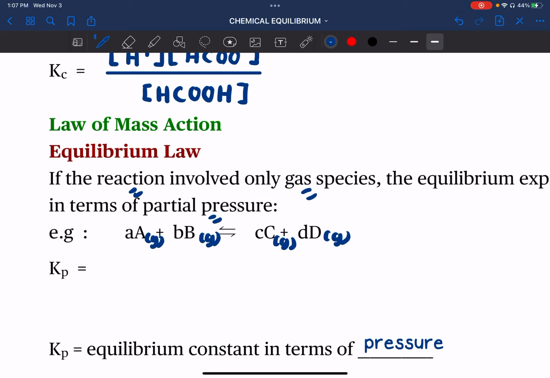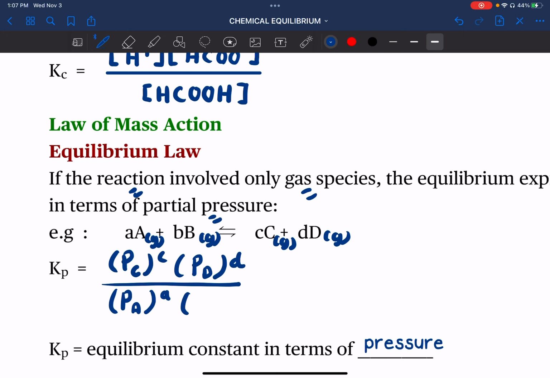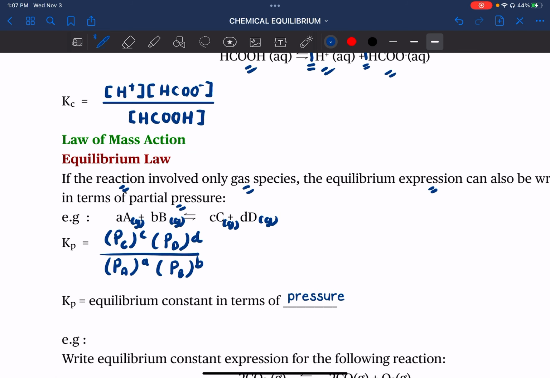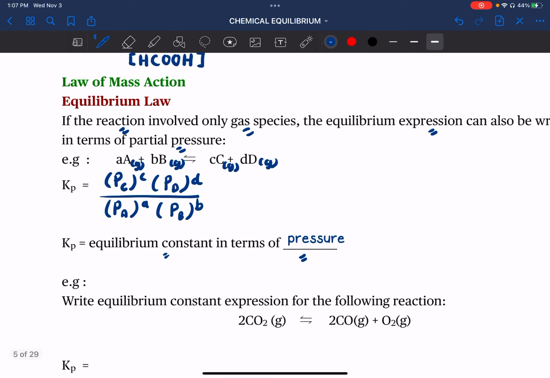So, cara dia sama je, partial pressure of gas C to the power of C times partial pressure of gas D to the power of D over partial pressure of A to the power of A times partial pressure of B to the power of B. Okay, so Kp adalah equilibrium constant in terms of pressure.